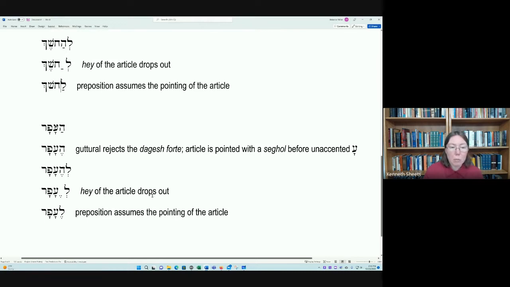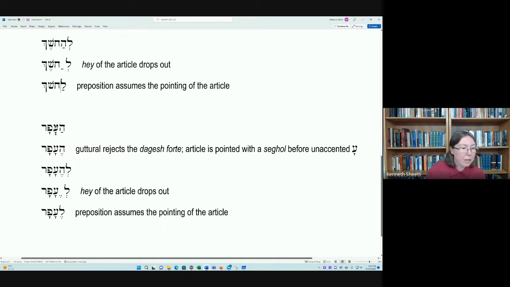Now, the same thing happens when we are dealing with an article that is prefixed to an accented syllable having that kamates there, especially with the guttural. So, for instance, here we have then ha afar, where again, hey with the pathak followed by the dagesh forte.